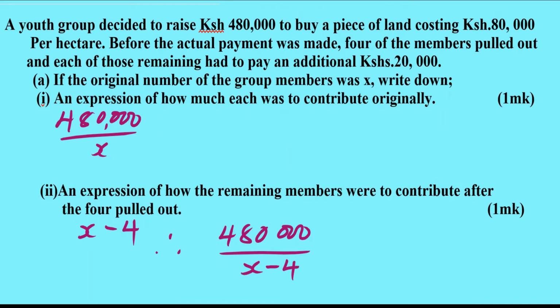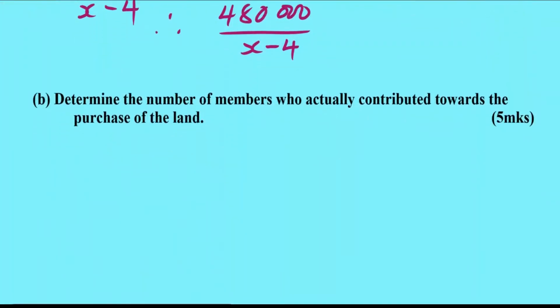Now, we need to write down that expression showing that originally there were X members who were to contribute. The amount to be contributed was 480,000, but after 4 pulled out, the remaining had to pay an additional 20,000 shillings each. So we need to write that expression.